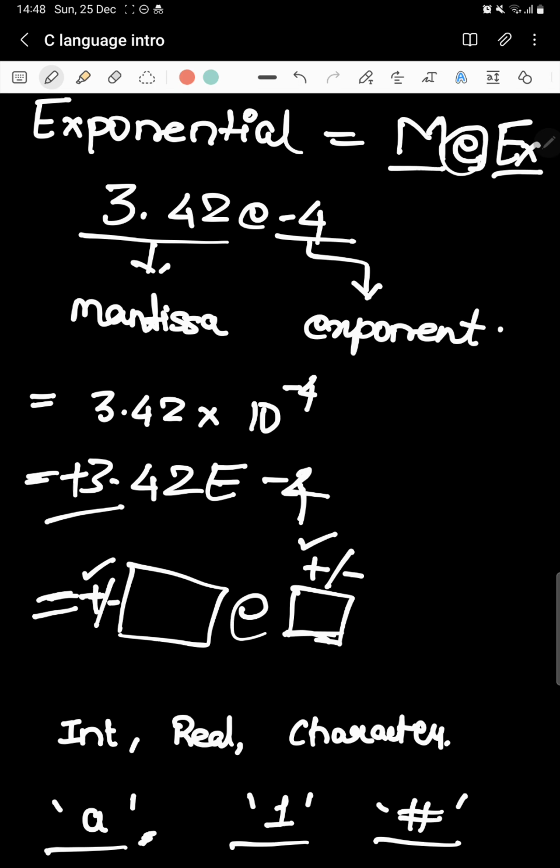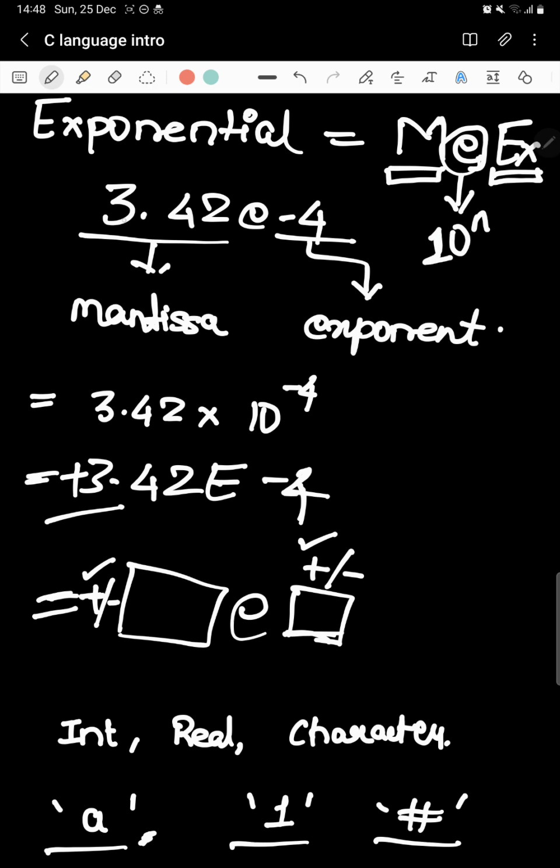Now coming to its format, exponential format consists of two parts. First part is mantissa, the other part is exponent. These two parts are separated by the separator e. Here by e you can take it as 10 to the power of something.